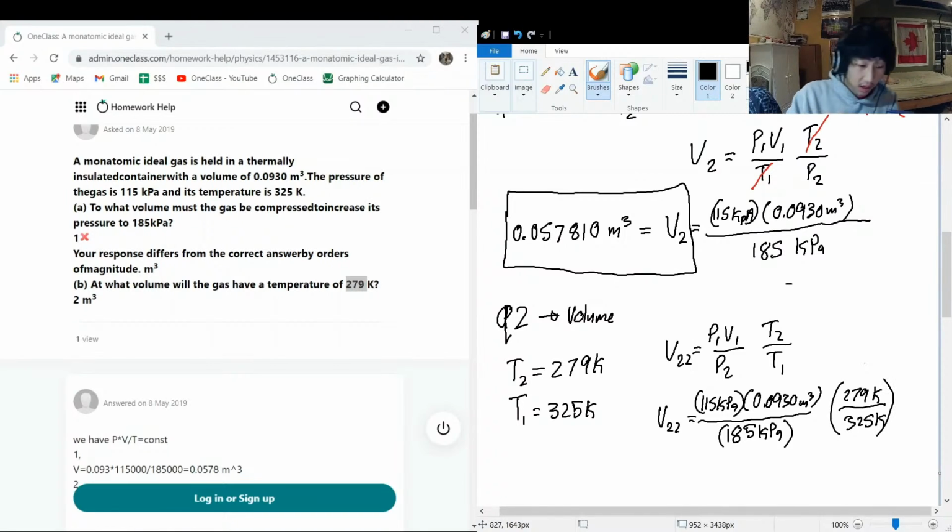So we can just take our previous answer multiplied by 279 divided by 325.